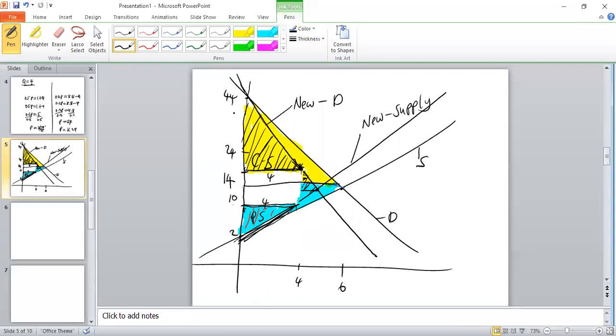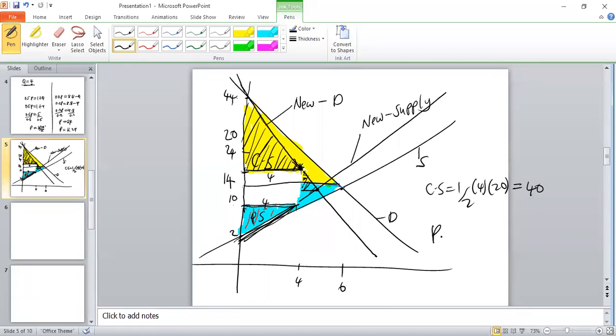So from 24 to 44, what's the height? What is 44 minus 24? 20. So to calculate the consumer surplus for this one, it will be half, the base is 4, the height is 20. So that is the new consumer surplus, and that will give us 40.